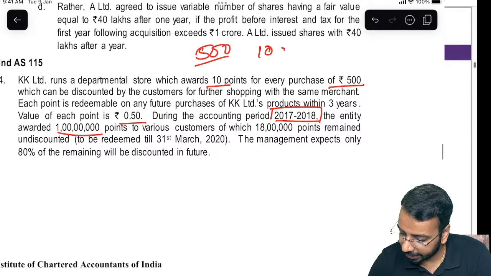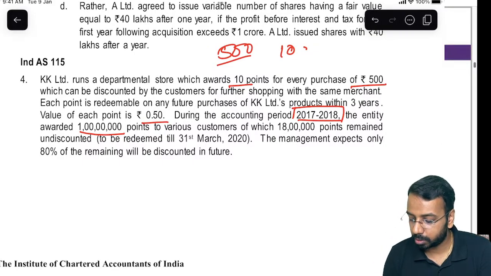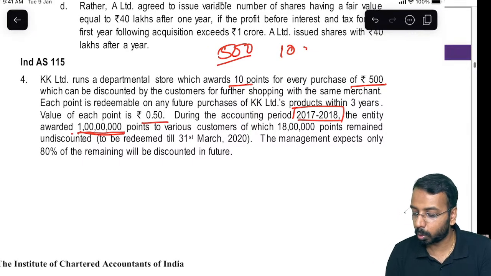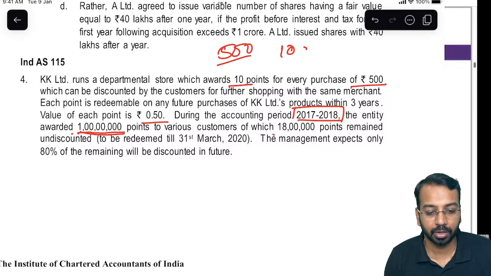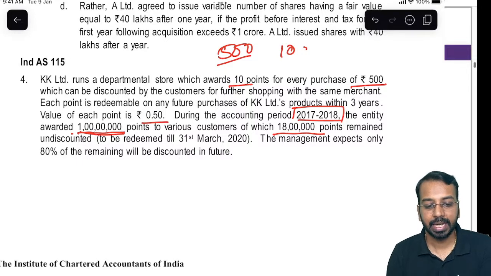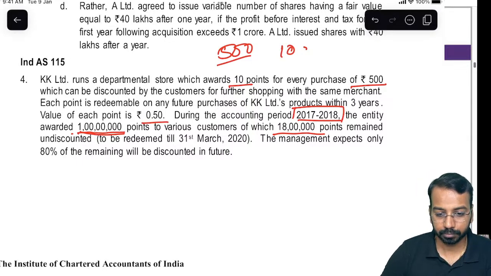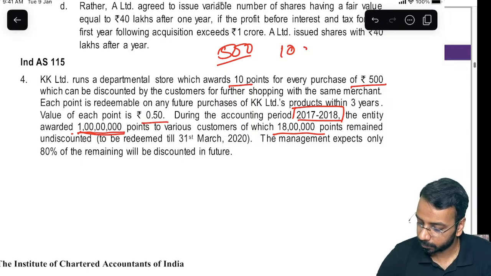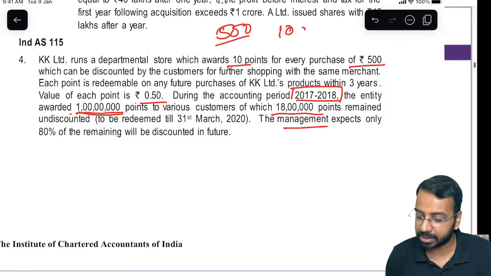In 17-18, the entity awarded 1 crore points, of which 18 lakh points are not yet redeemed. The management expects only 80% of the remaining will be discounted in the future.